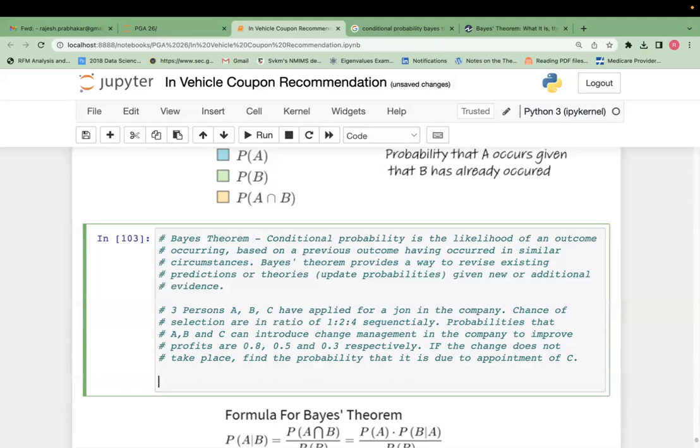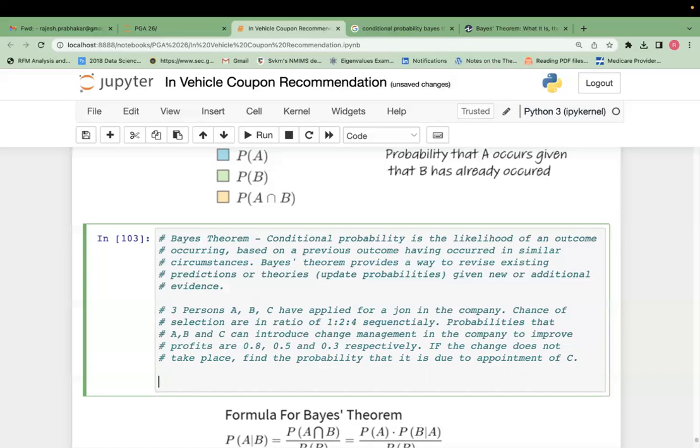The company is also expecting to introduce change management to improve profits. The probabilities of introducing change management in the company to improve profits are 0.8 for A, 0.5 for B, and 0.3 for C, respectively, if the person is appointed.